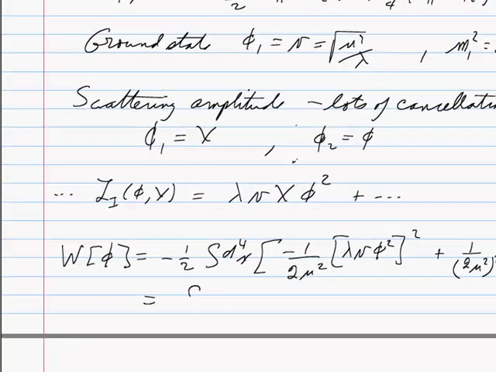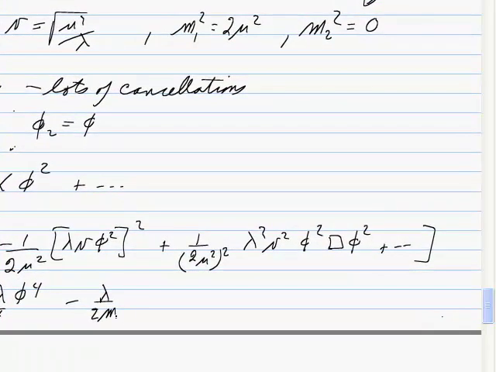This is d4x plus lambda phi to the fourth over 4. And the last piece is lambda over 2m chi squared phi squared box phi squared. Okay.